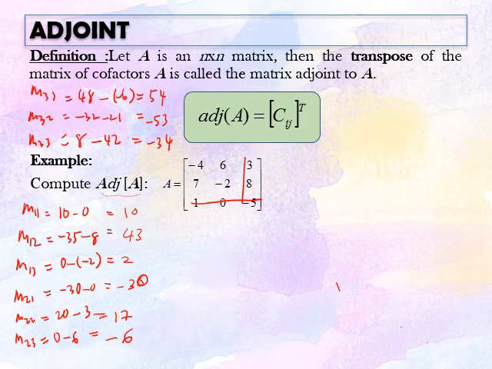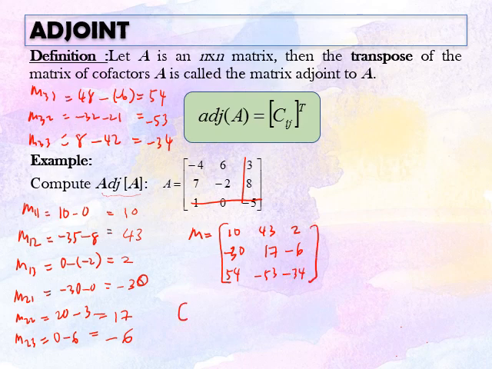So your M here is equal to, we write again the M: 10, 43, 2, negative 30, 17, negative 6, 54, negative 53, and negative 34.